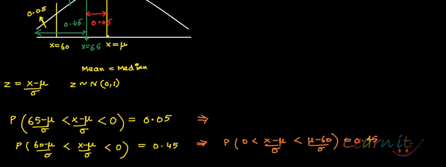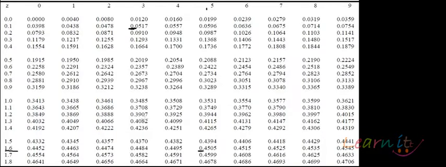Now I need to get the values from the normal tables for the probabilities 0.05 and 0.45. Let me find it out. Approximately 0.05 is this one, which is 0.13.